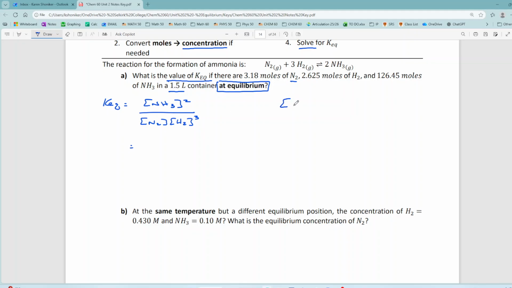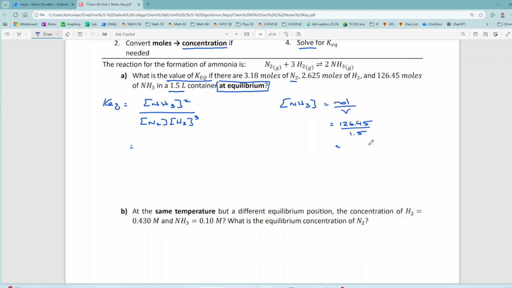So to find the concentration of ammonia, if you remember, concentration is moles over volume. They've told us that we have 126.45 moles of ammonia in the 1.5 liter container.